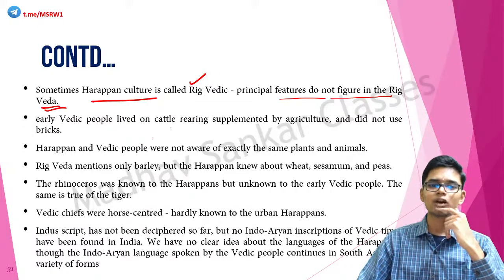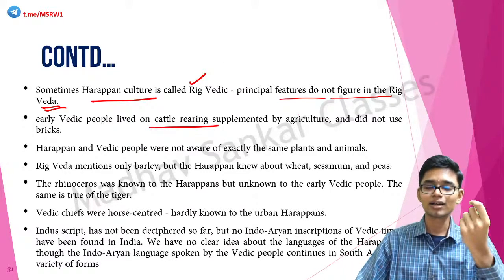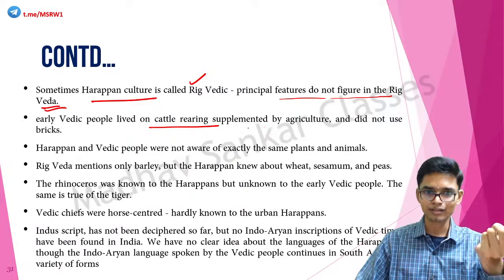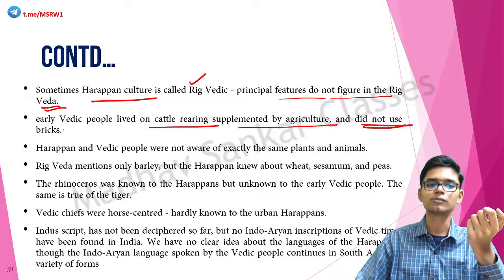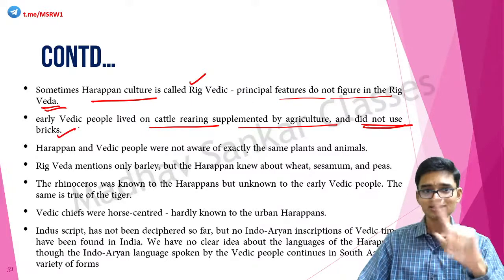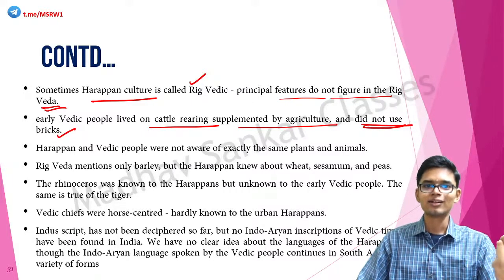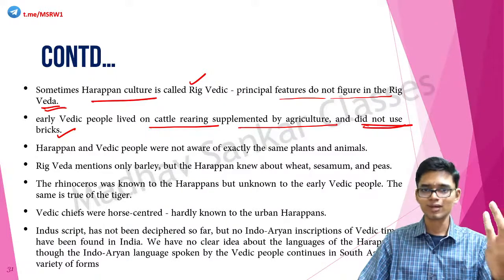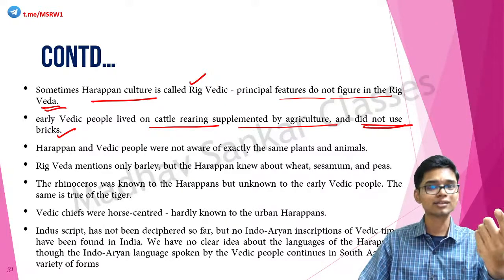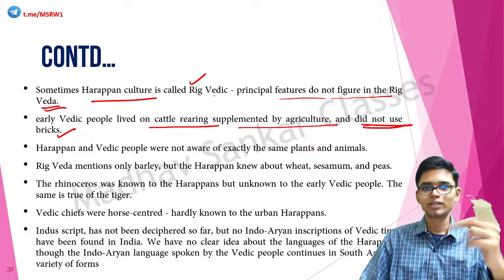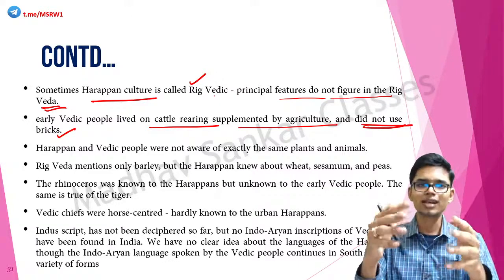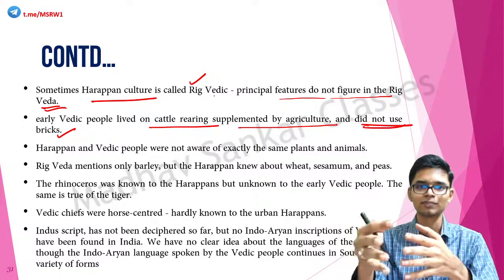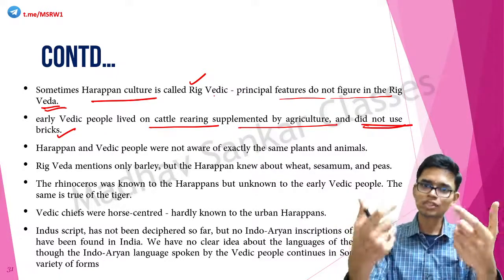Early Vedic people lived on cattle rearing supplemented by agriculture, and they did not use bricks. Harappans did everything opposite. They also had agriculture, yes, they also had cattle rearing, yes, but they did use bricks a lot. So there are clear differences between Vedic times and Harappan culture. So we cannot exactly call Harappan culture Rigvedic. But some historians do call it.